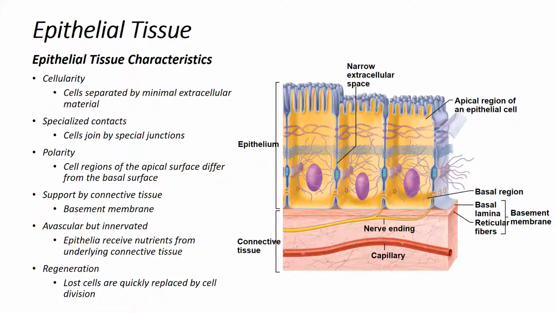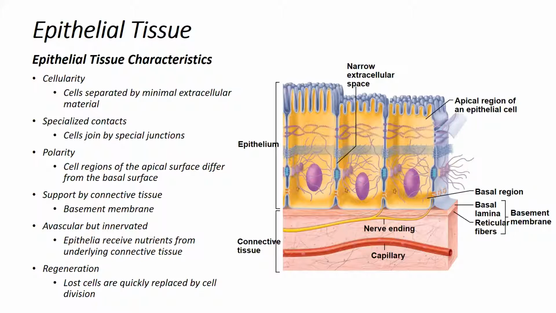The cells or the surface of the cell that faces the lumen is the apical surface. And the apical surface has different characteristics and different properties than, say, the lateral surface or even the basal surface. So polarity basically means that each surface of the cell differs greatly in the way it looks and the way it functions.